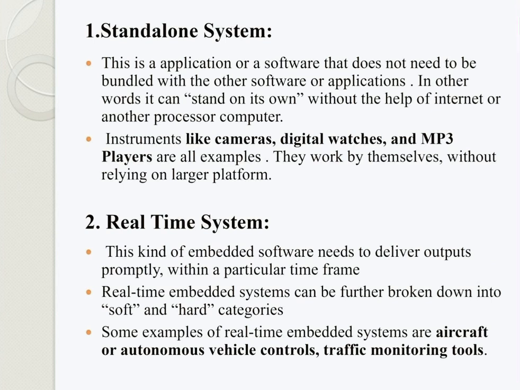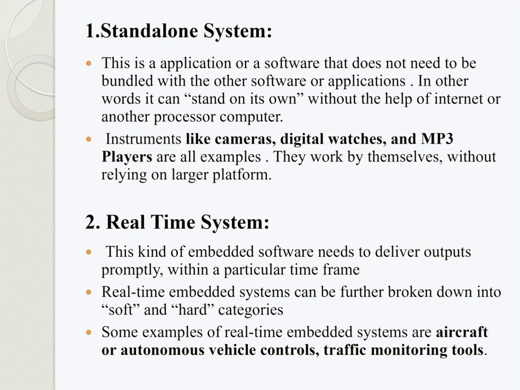This is an application or software that does not need to be bundled with other software or applications. In other words, it can stand on its own without the help of the internet or another processor computer. Instruments like cameras, digital watches and MP3 players are all examples. They work by themselves without relying on a larger platform.